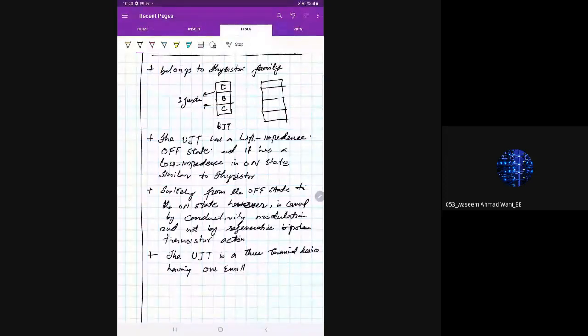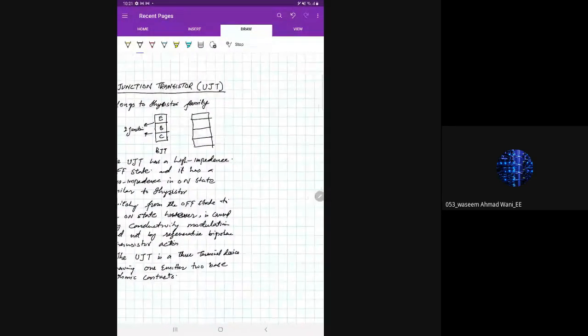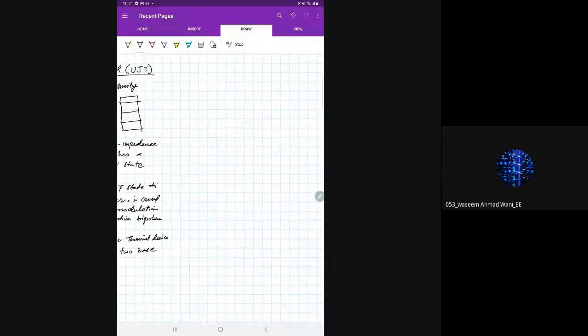So it has one emitter junction and it has two base ohmic contacts. So the UJT is also a three-terminal device, but normally in BJT we have emitter, base, and collector. Here you have emitter and you have two ohmic base contacts. I'll draw a diagram that will be more helpful in understanding this.